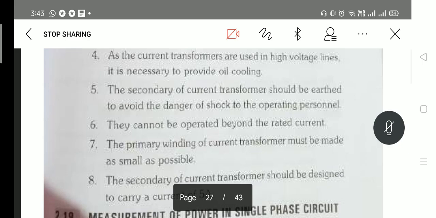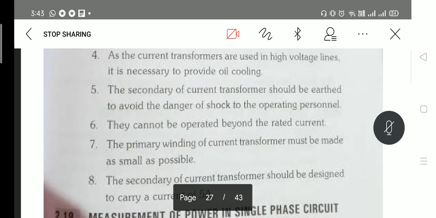So we cannot take more than whatever rated value is given. Only within those limits can we measure the current value.